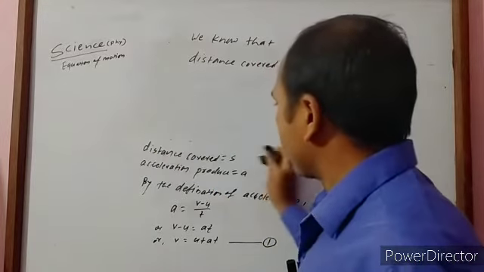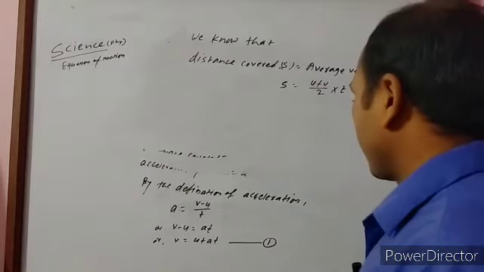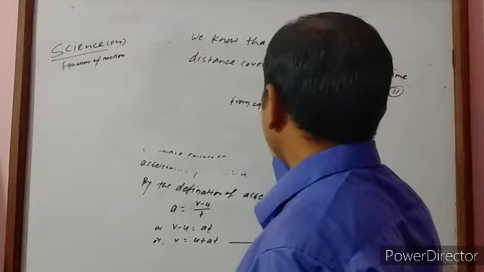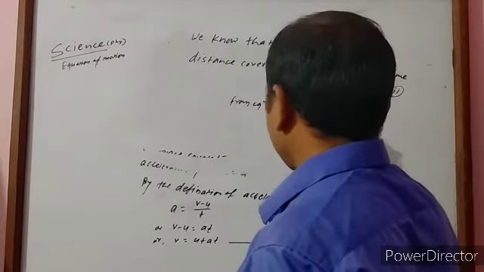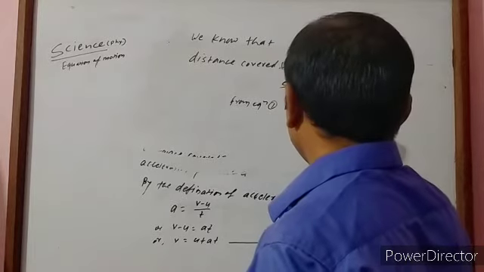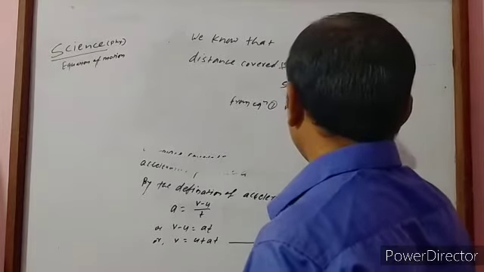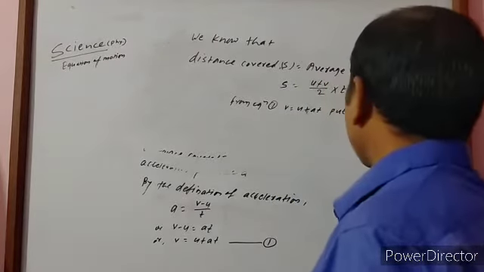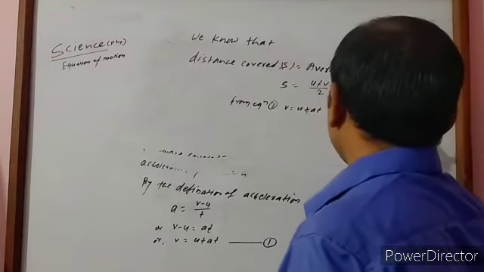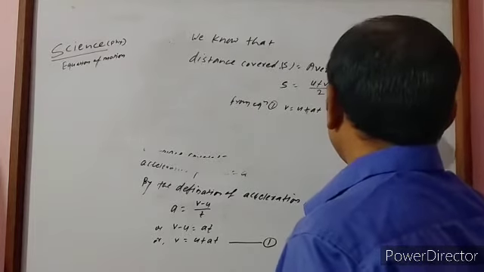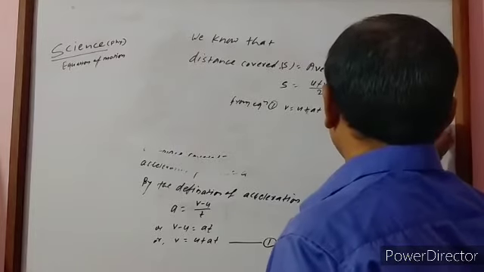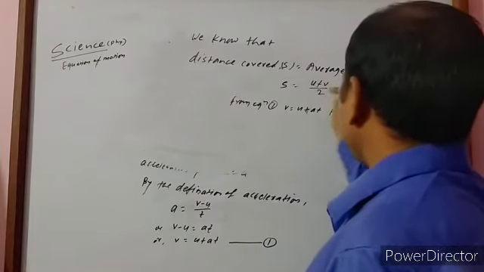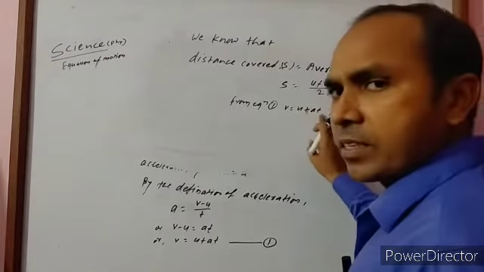After this, we put the value of v from equation 1, v is equal to u plus at, in equation 2. Instead of v we have to put u plus at.